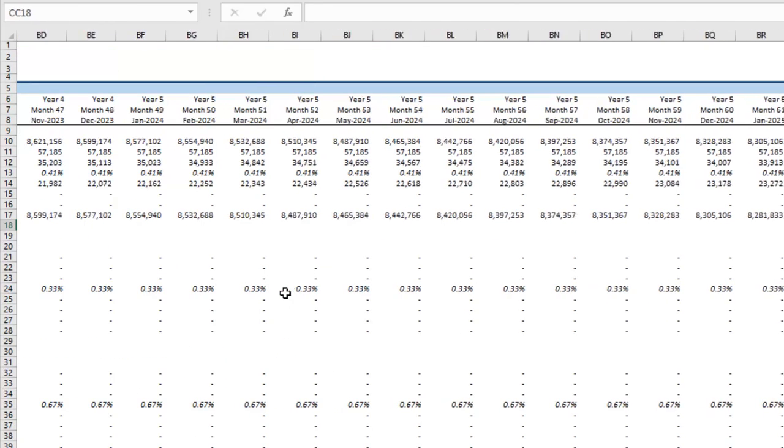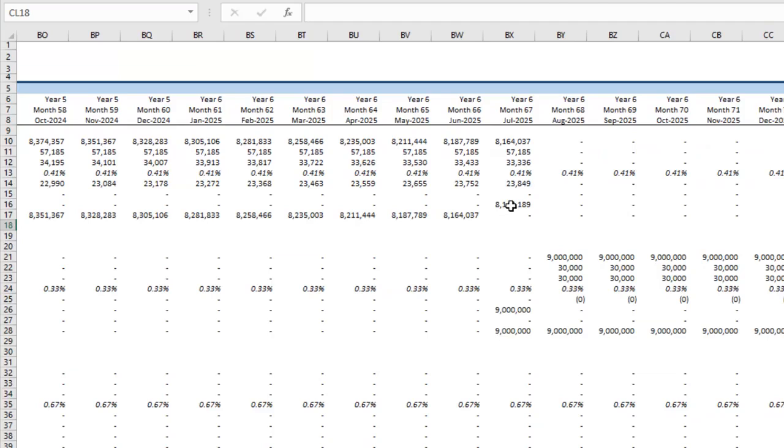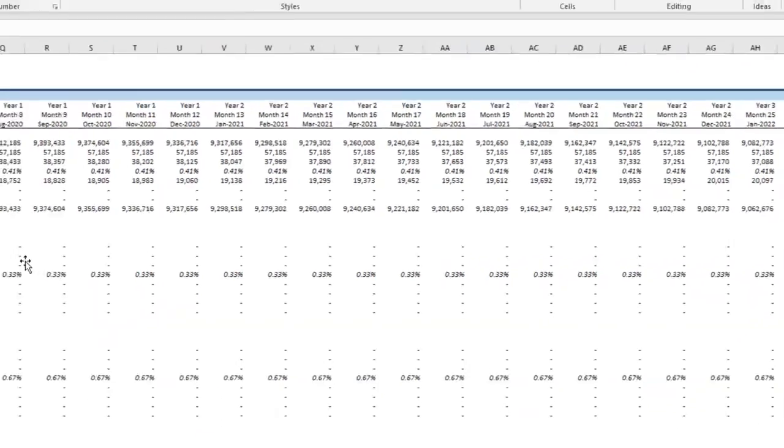We'll come out here to the right, and you'll see there's a balloon balance of 8.14 million. But because we assumed a $9 million loan in month 67, it pays off the balloon of the first, the assumed loan. There's some equity return to the partners, and then this new debt carries us to the end of our analysis period.